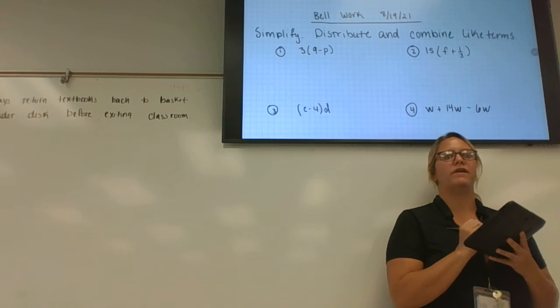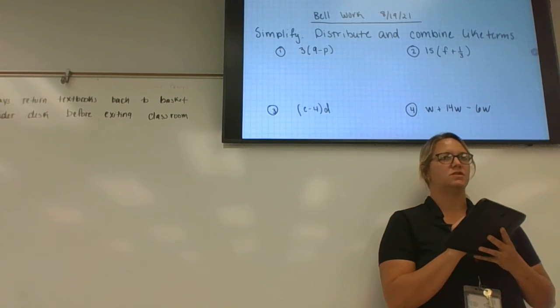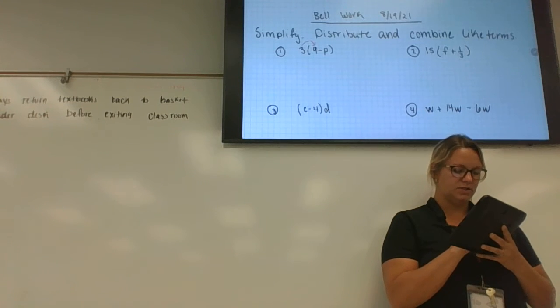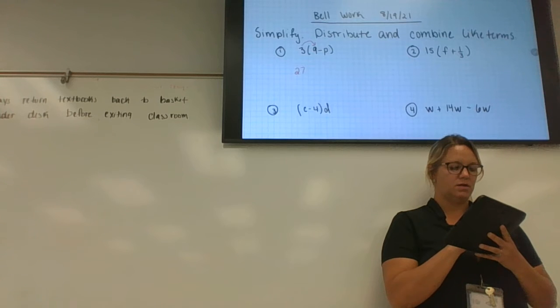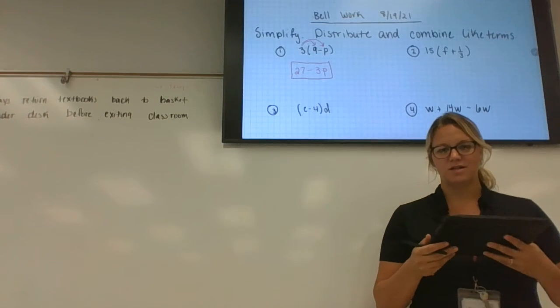So how'd you arrive at 27, Patrick? Yeah, how'd you get 27? 3 times 9, distributing in. Okay, what's next? Okay. Thank you so much. Very good.